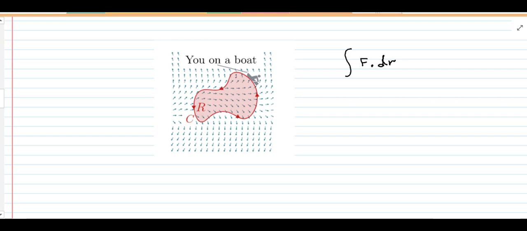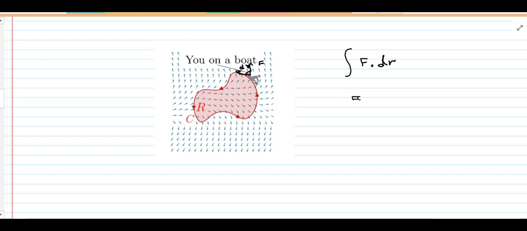So if you move here counterclockwise, dr is the displacement, and every particle here is influenced by the vector field. For example, in this direction I have the vector field F. When you move counterclockwise, here there is an angle, which I suppose is theta. Let me write it here.